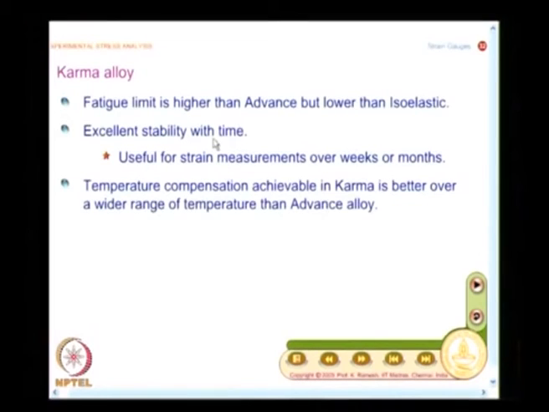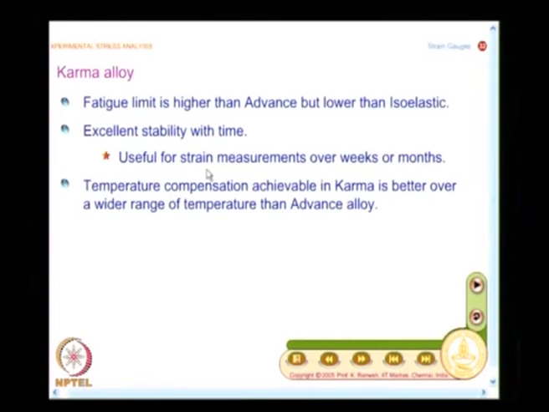You may want to monitor a bridge, how it is performing over several months, and these are all called in situ applications, where you put it on the actual structure and do health monitoring of the structure. And the advantage of Karma alloy is its excellent stability with time.